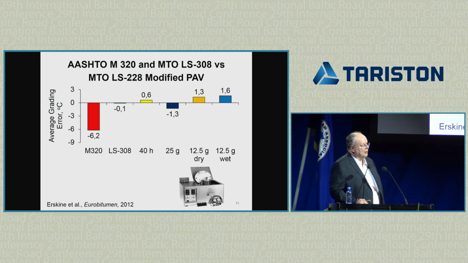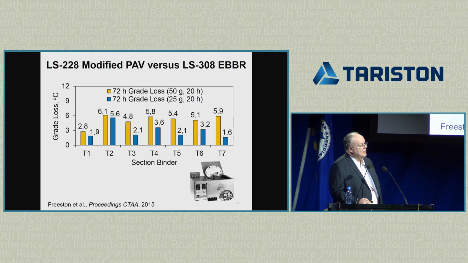For the regular AASHTO grade, the error is about 6.2 degrees on average, ranging from a few degrees to 12 degrees, which is too much. But if you age them longer at low temperatures in LS308, the extended BBR, or in the PAV, you get better performance, or a better match between your grading and your recovered asphalt cement. So at 25 grams, you can reduce the physical hardening as well.